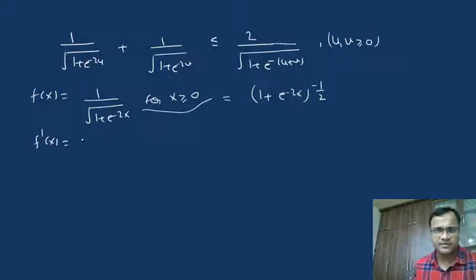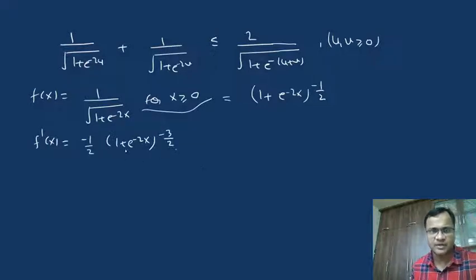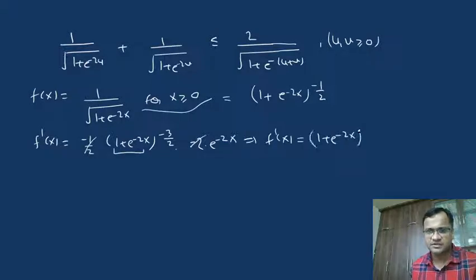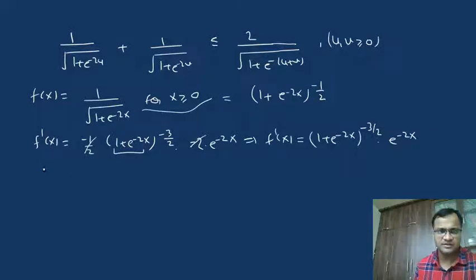So the derivative of this becomes minus half (1 plus e raised to the power minus 2x) raised to the power minus 3 by 2, into, applying the chain rule, the derivative of the quantity which lies within the bracket, which is minus 2 times e raised to the power minus 2x. This minus 2 cancels out. This implies f dash x equals (1 plus e raised to the power minus 2x) raised to the power minus 3 by 2 into e raised to the power minus 2x.